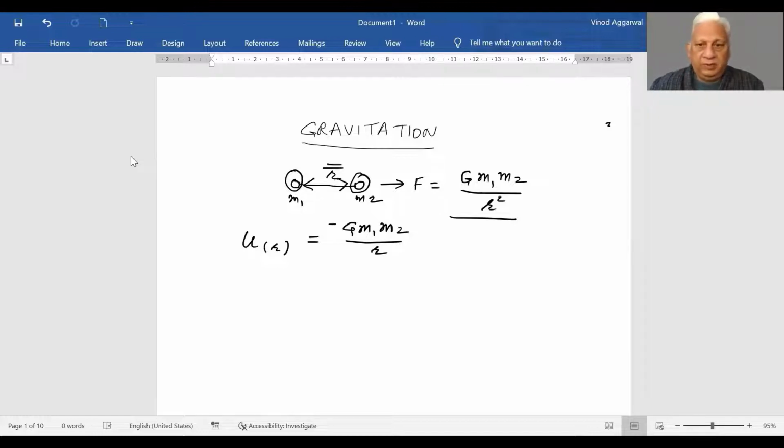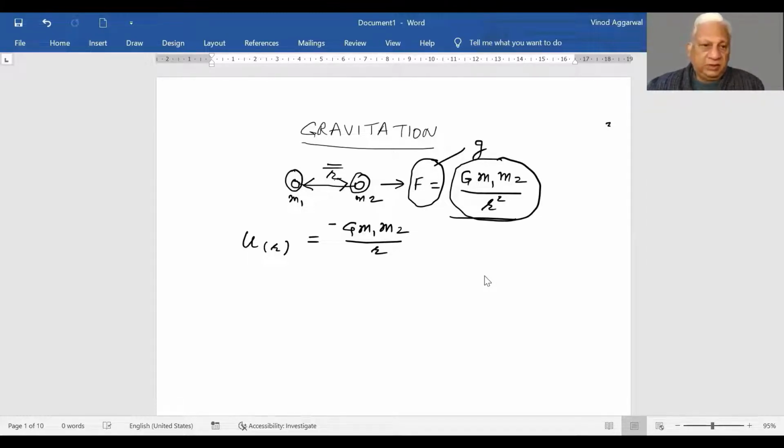Okay. Now this force F is responsible for giving g at any place, because g is a force and which is given by this formula. Okay.